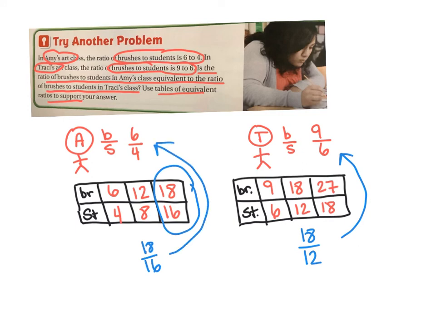So if these don't end up being equivalent, then these are not equivalent. So we could just use those patterns to help us find a common point where we can compare their equivalency. If they had been equivalent when these both reached 18, you'd have the same number here as well, and we didn't. So that's how you do that. If you have any questions, let me know.